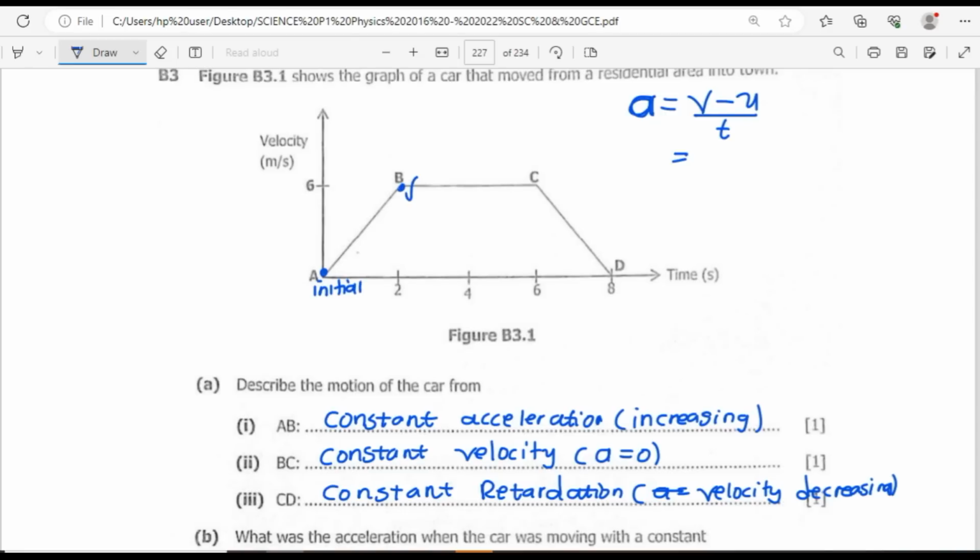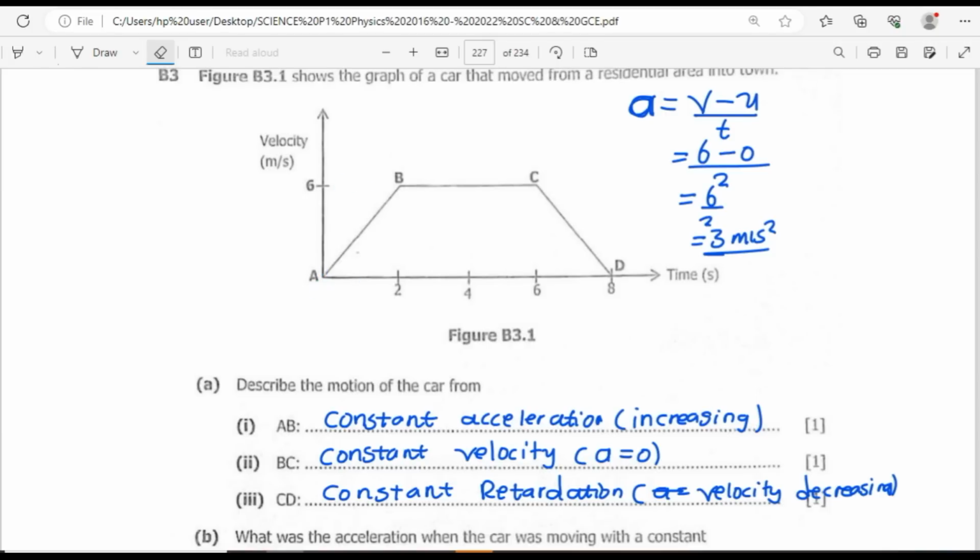Then we know that B is our final here. So the final velocity, we need to get the number on the y-axis, which is 6, minus the initial, which is 0, over time taken, which is 2. So 6 minus 0 is 6, over 2, which is, if we divide, 3 meters per second squared. So this is our acceleration if the question comes to calculate the acceleration.